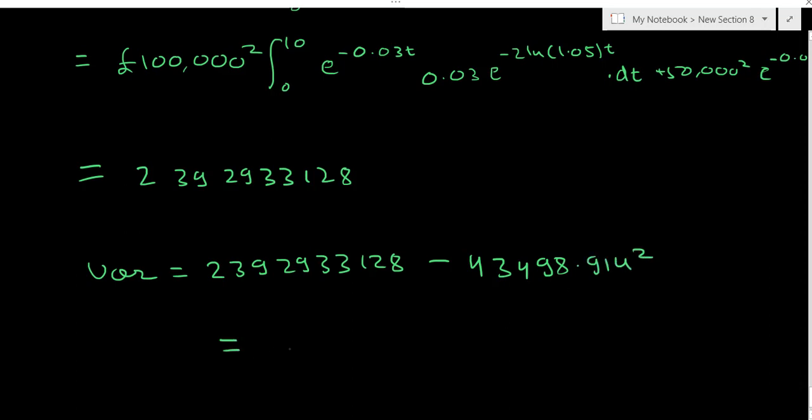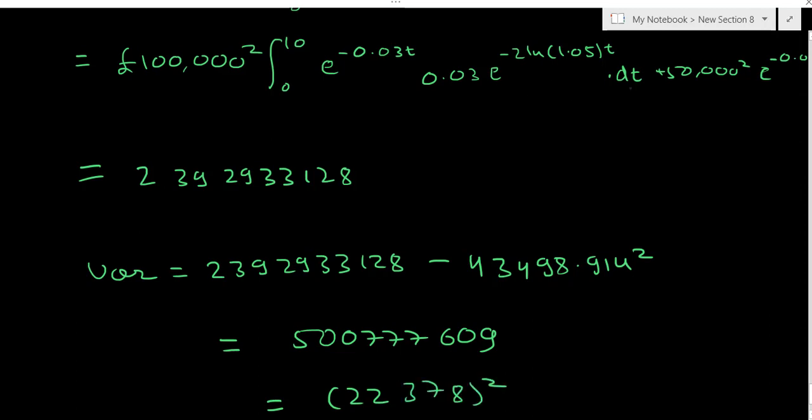Okay, so this comes out to be 500,777,609, or this can be written as 22,378 squared. So you can just solve this, you can integrate this like we did in the last part.